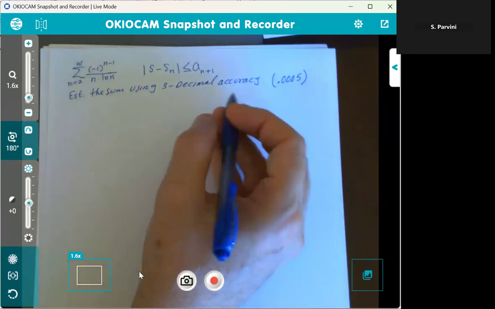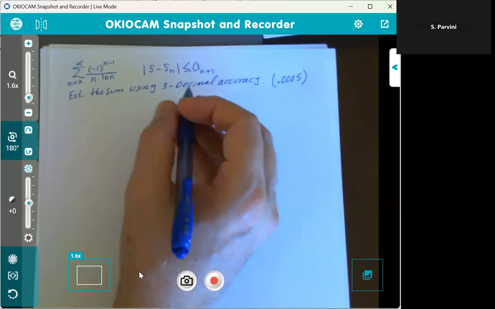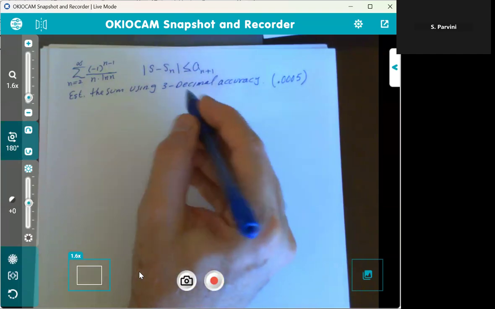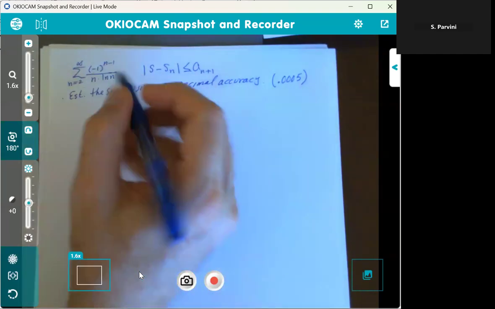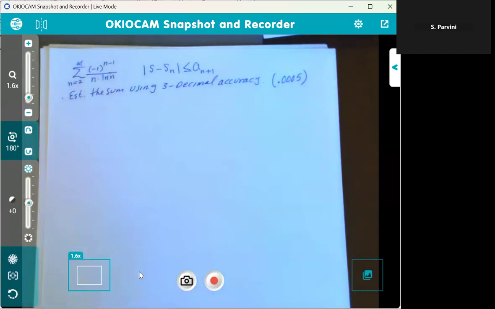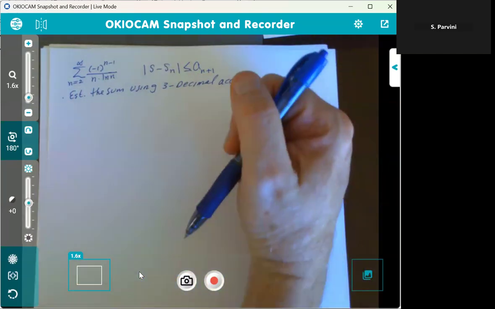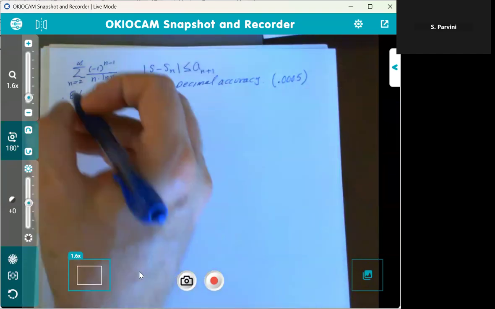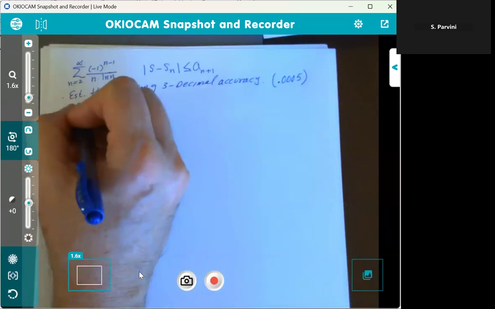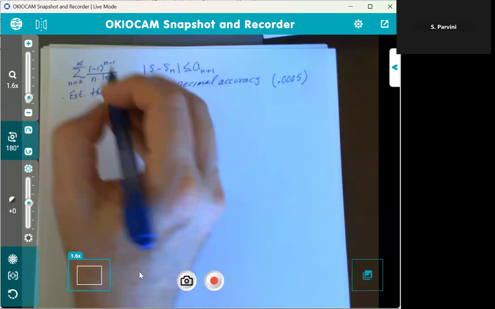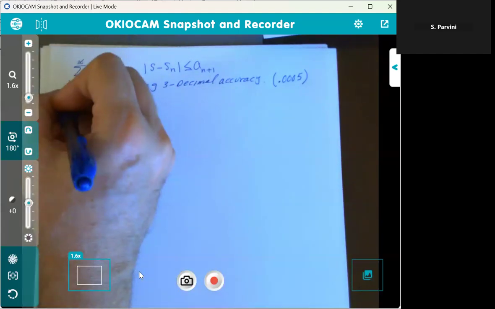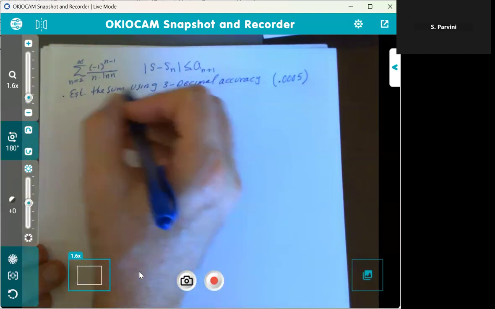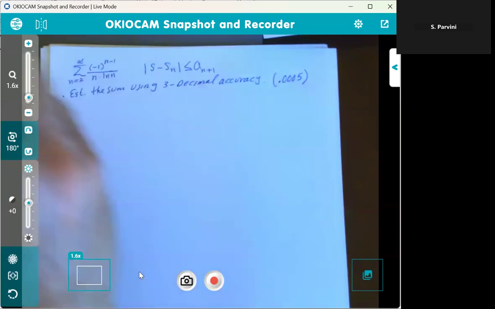So what is the next term going to look like? The next term in here. And let's say instead of estimating this sum, which we could, we want to know how many terms. So let me change that. We could estimate the sum also, but you'll see why I don't really want to estimate the sum using 3 decimal accuracy in a moment.